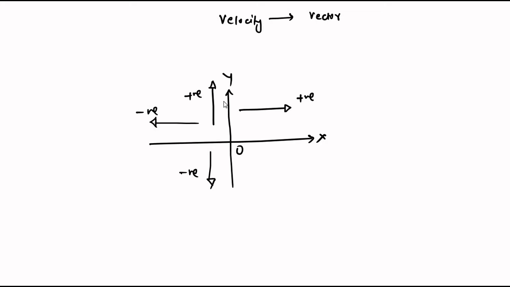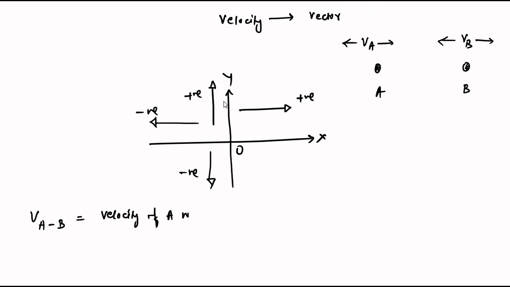Let's say we consider two points A and B, and we are determining the relative velocity of A with respect to B. They have certain velocities VA and VB. The direction is not specified here; it can be towards the right or left. So the general expression I am writing is VAB, that is the velocity of A with respect to B, written as plus or minus VA minus plus or minus VB.